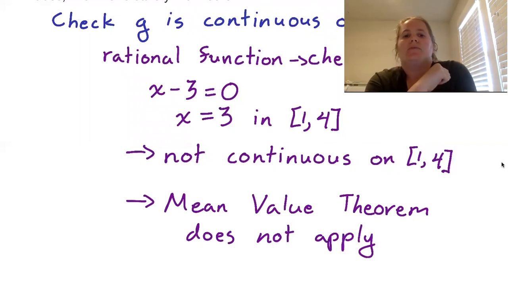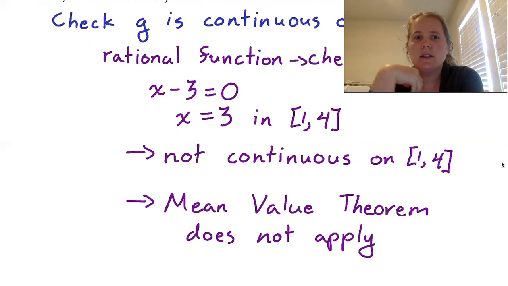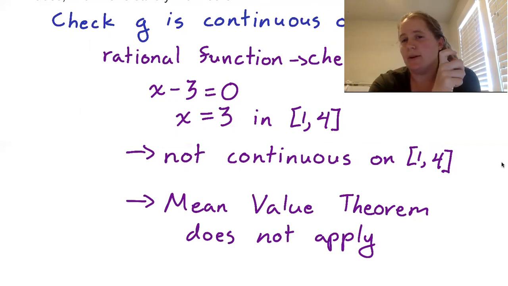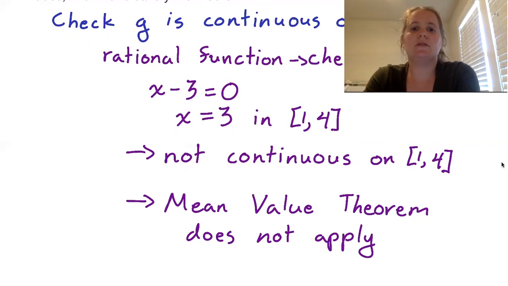All of those have asymptotes, so you have to verify that we don't have an asymptote in the interval. And then piecewise functions can also cause issues. A piecewise function could be a case where we have continuity but not differentiability. So just things to watch out for. But if the conditions are met, then find the derivative, find where that matches that average rate of change, and then you have your c.